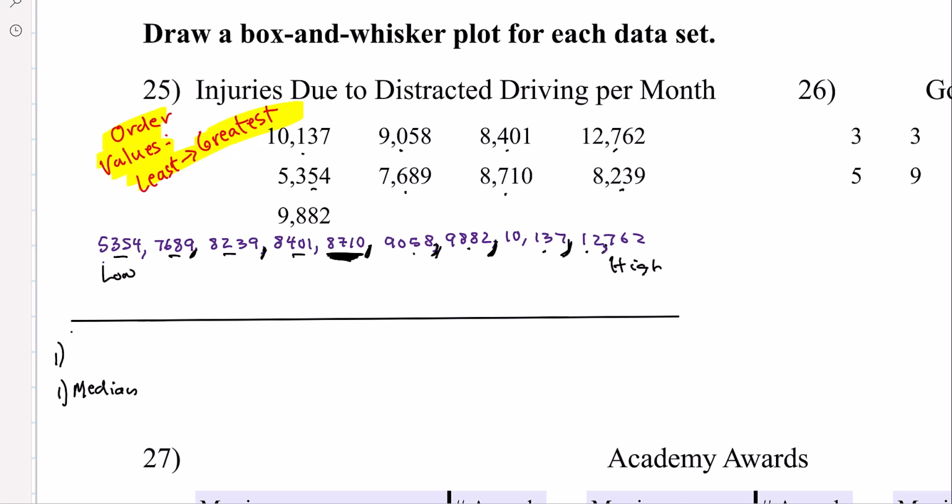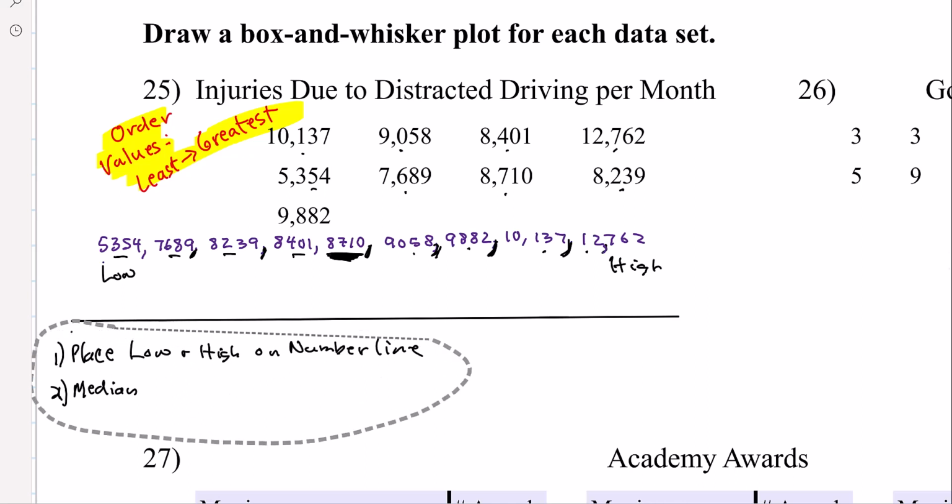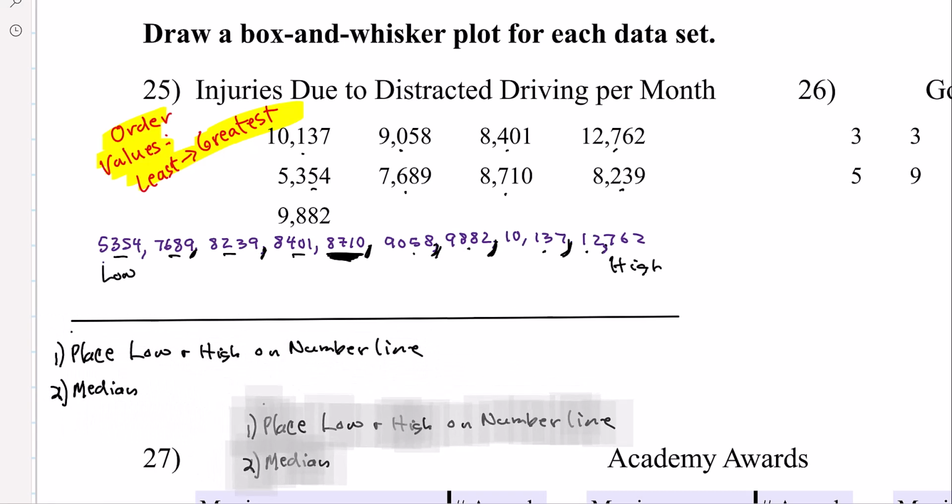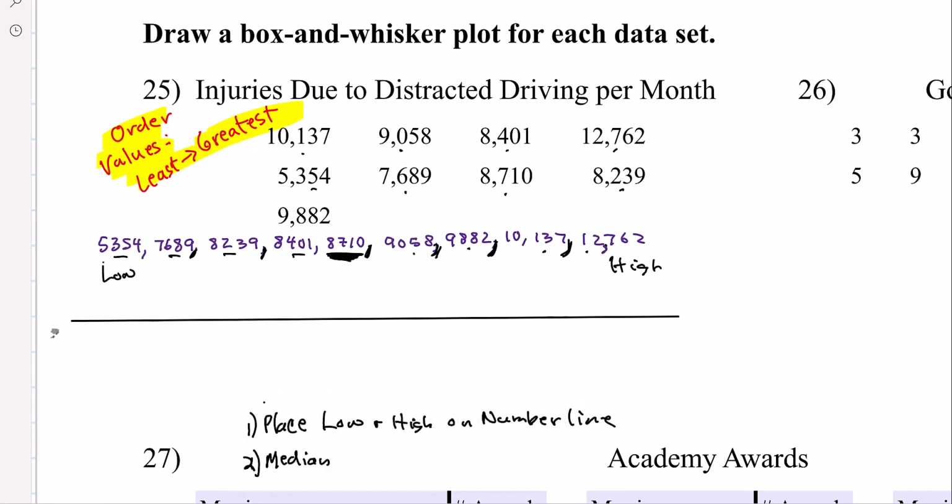So maybe step 1 is place the low and high values on the number line. Let me go ahead and move this down. 5,354 goes here, and then 12,762 goes there.